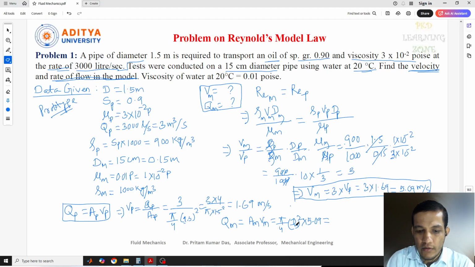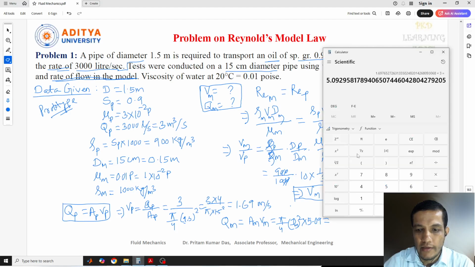So if you multiply this, we'll get the value: 5.09 into pi, divided by 4.